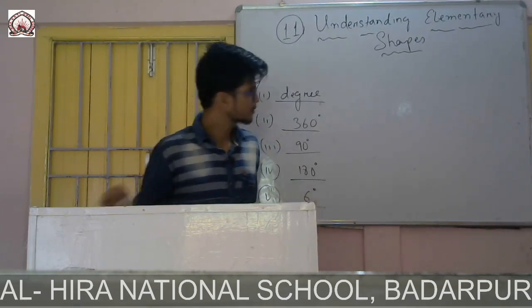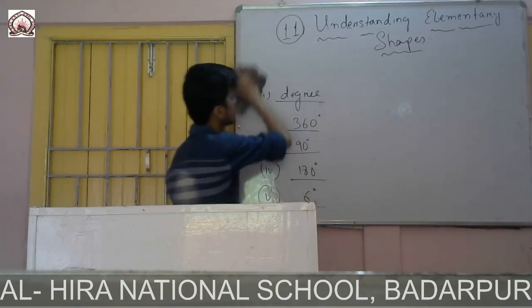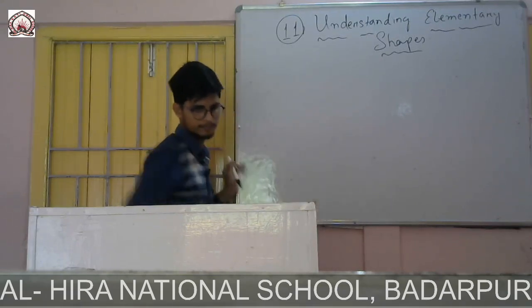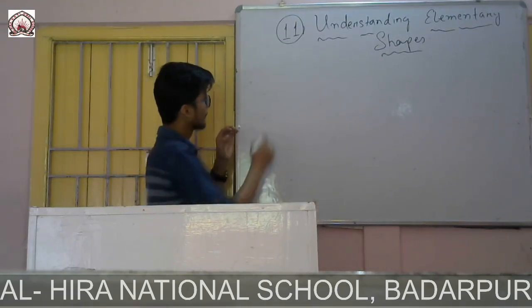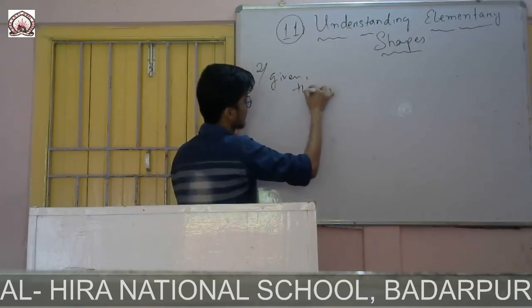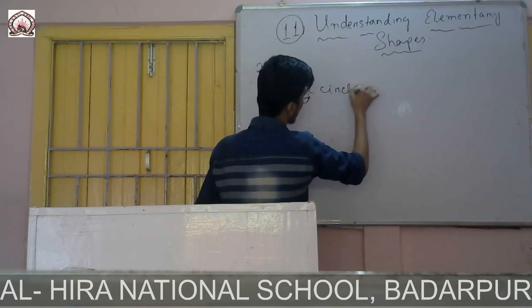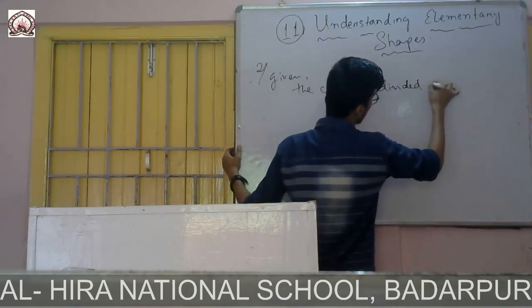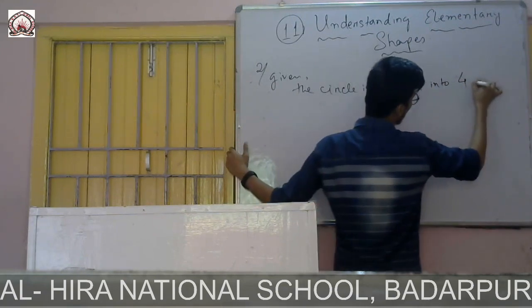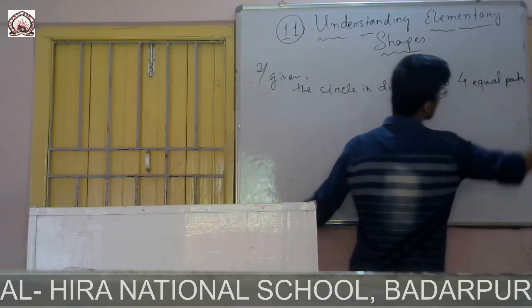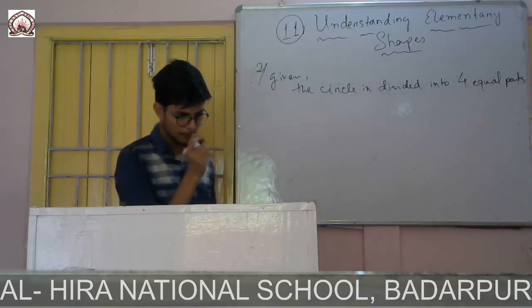So in question number 2, you see it is given that the circle is divided into 4 equal parts.